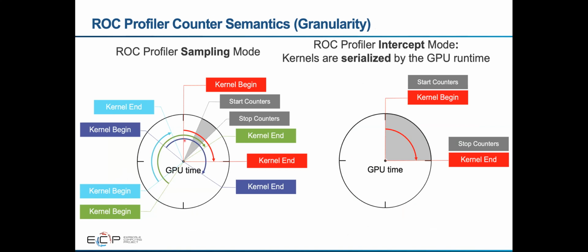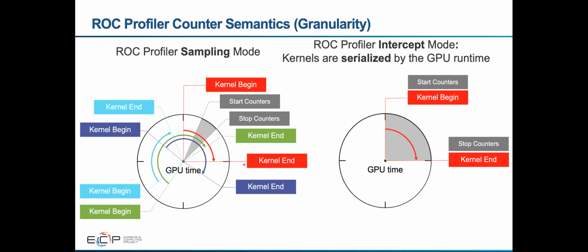And what the user can do in terms of measuring or counting events is start and stop counting events at any point in time on this clock. So the time granularity is user-defined, it is arbitrary.